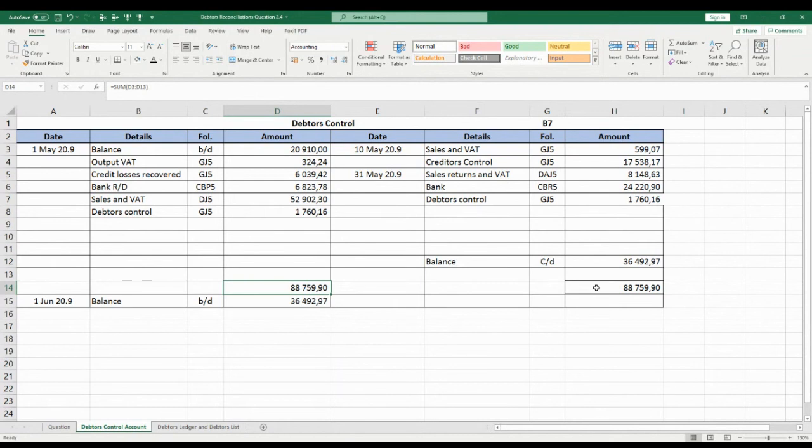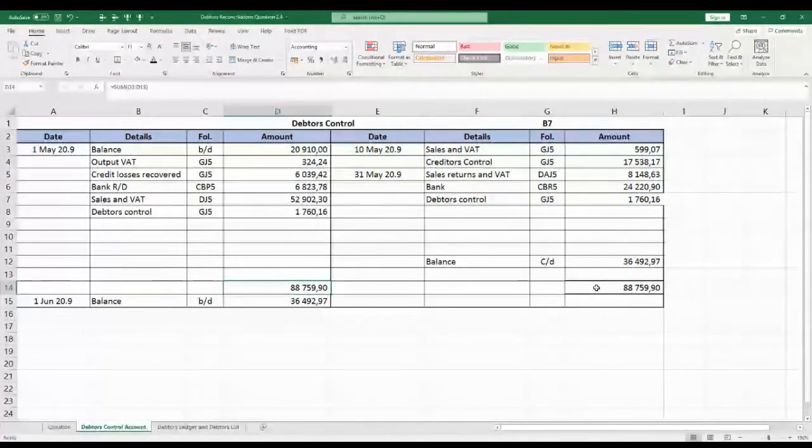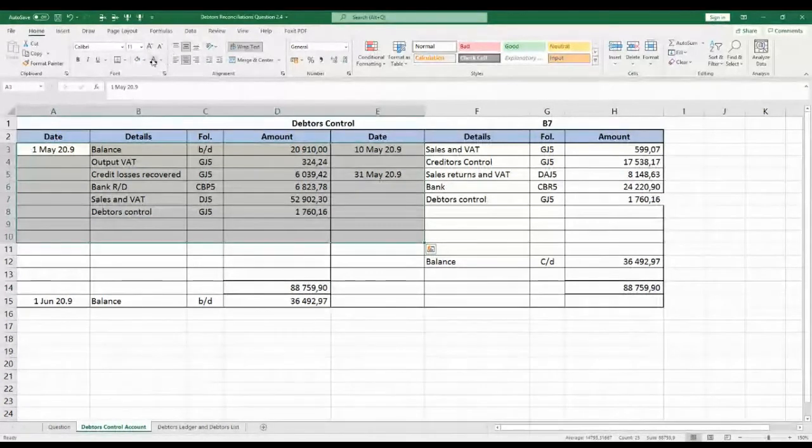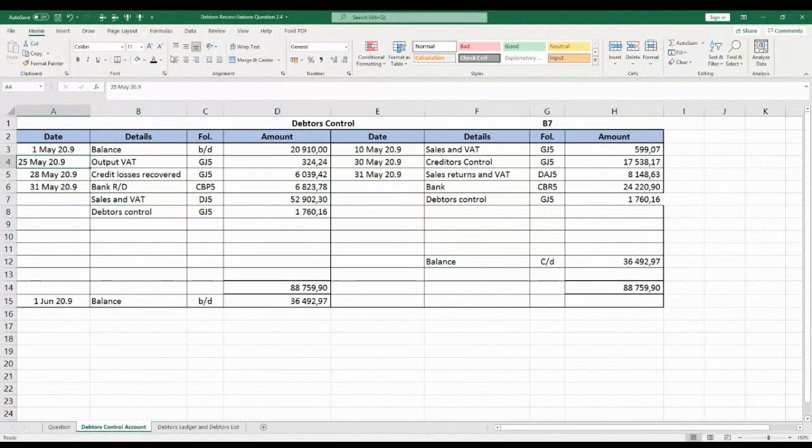Okay, now before we go on to the individual debtors ledgers, do you have any questions on the control account? Do you have any questions on the control accounts entries? Okay, so Mubali is fine.